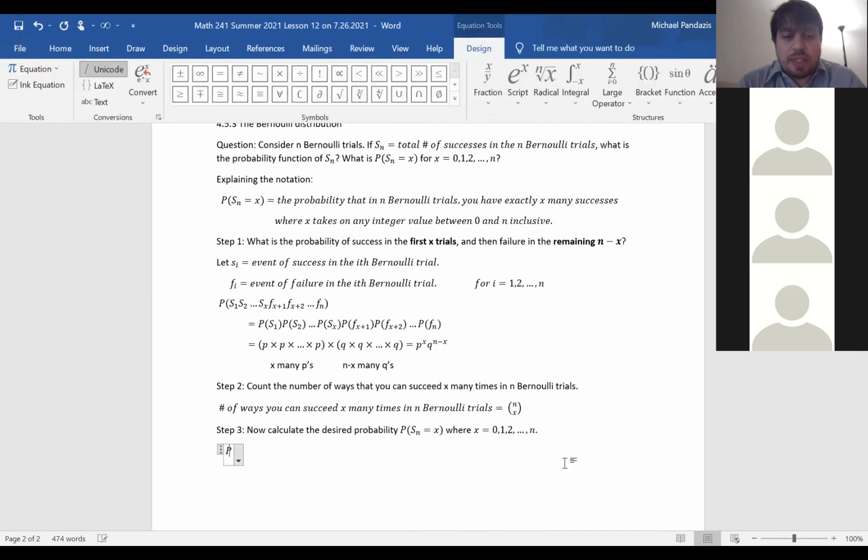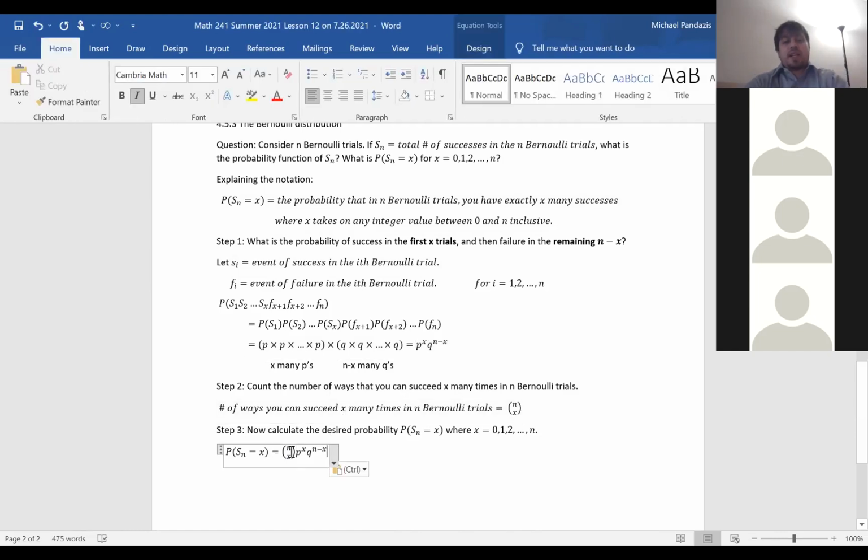So the probability that in n Bernoulli trials you'll have exactly x many successes is n choose x, the number of ways to choose x of the n trials to be successes, times the probability that when you choose those x, they will be successes and the remaining n minus x will be failures.